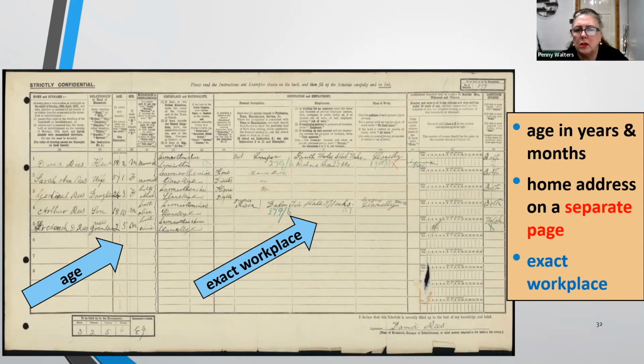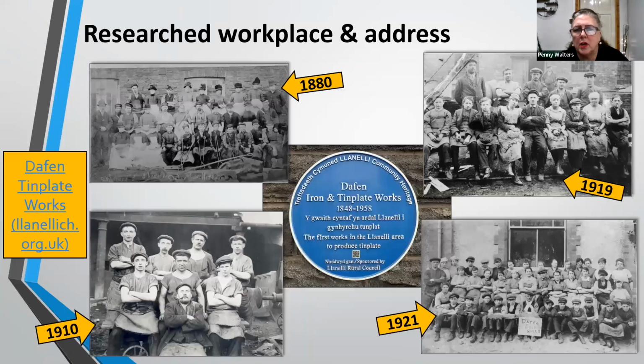So I Googled Davin tin plate works, and look how exciting this is. There's a whole website, couldn't believe my luck, a whole website dedicated to the Davin iron and tin plate works. Gold dust. So there's a photo in 1880. There's a photo from different years, including 1921.